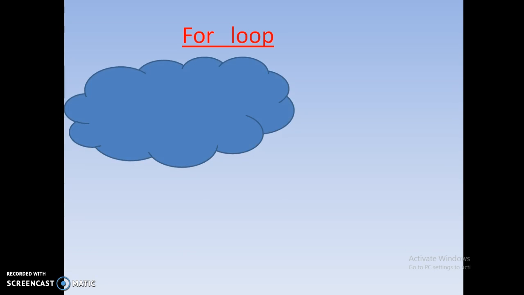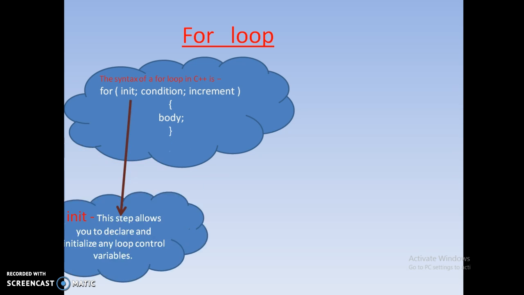Now, see the syntax of for loop. In for loop, initialization, test condition, incrementation or decrementation operation, then comes the body of the for loop. What is an initialization?